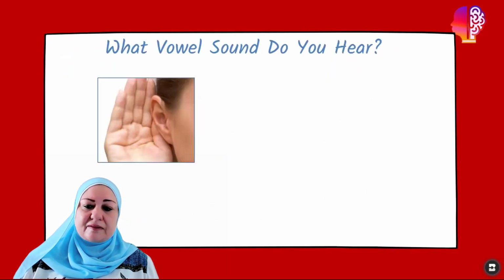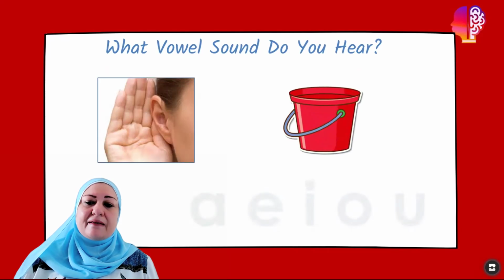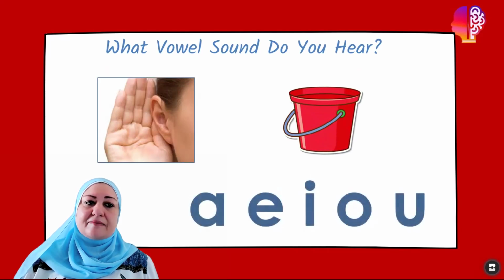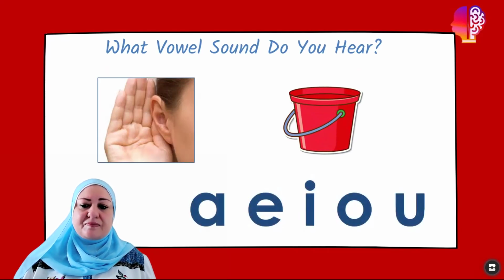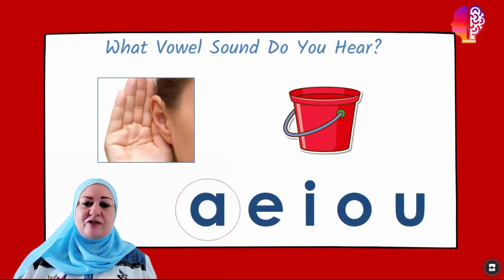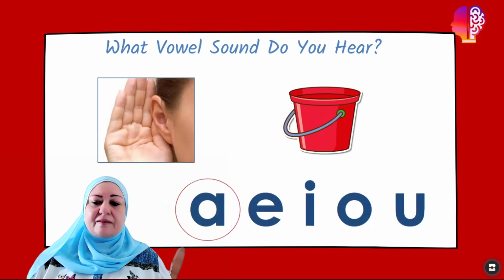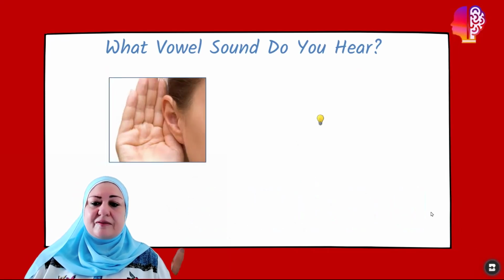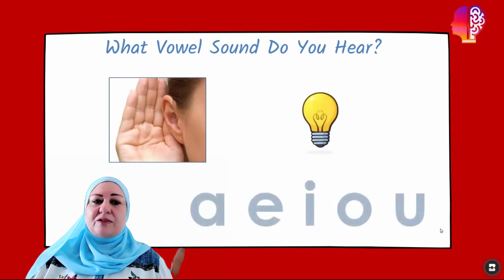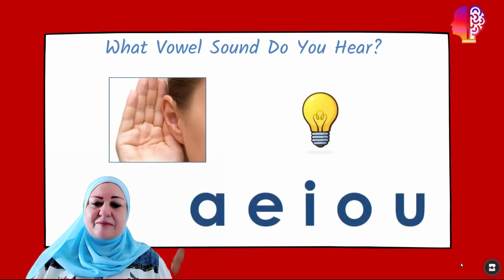So let's practice. Let's see what you remember. What vowel sound do you hear in the middle of the word pale? Okay, you hear the long A sound in the middle of the word pale. What vowel sound do you hear in the middle of the word light?